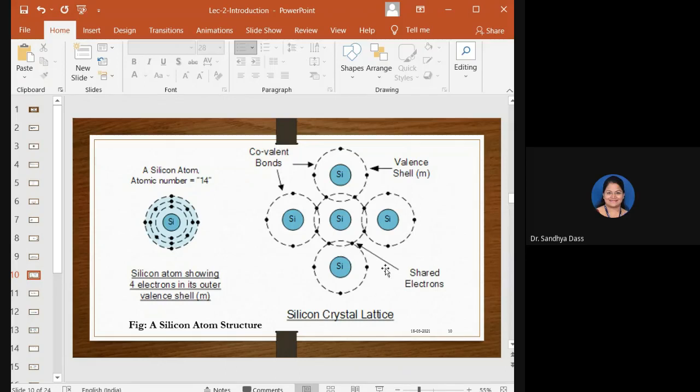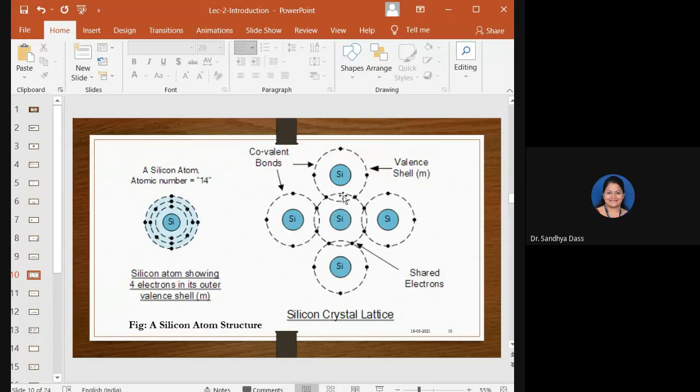This crystal of pure silicon, what you can observe here, is an intrinsic crystal and therefore has no free electrons. But simply connecting a silicon crystal to a battery, we will not say there can be any current flowing through it, right? Because there are no free electrons to move. So to allow the current to flow through that, we have to add some impurities.